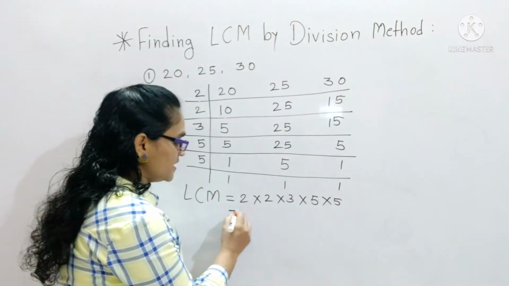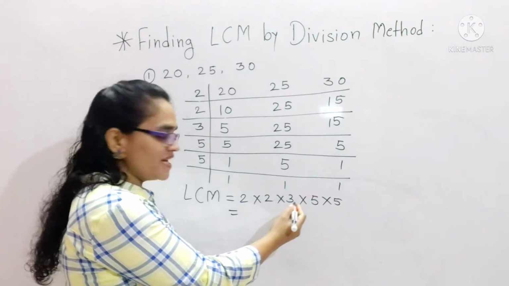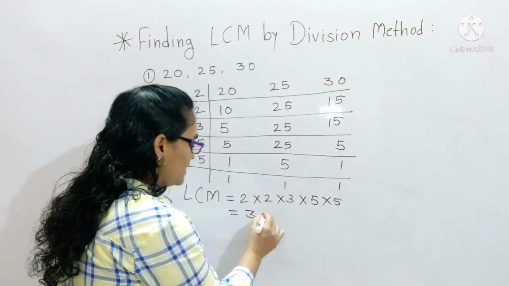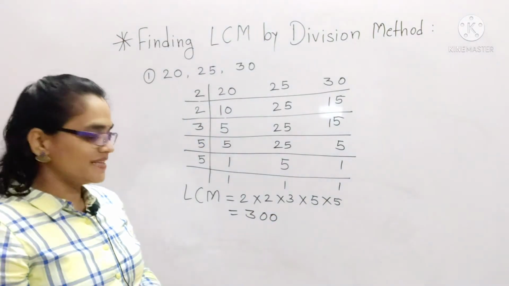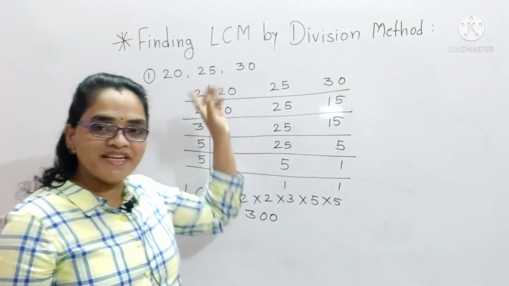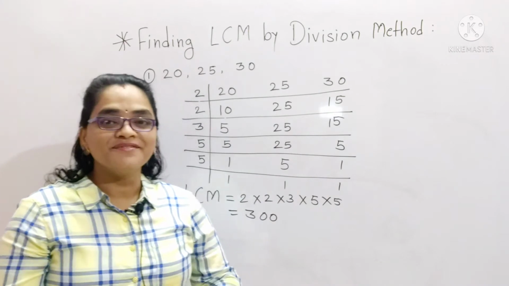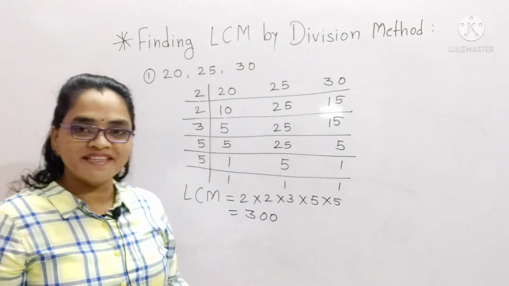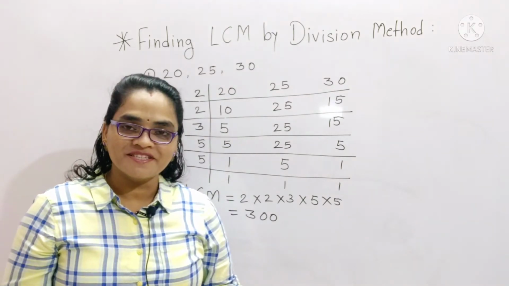Then find its product. 2 2s are 4, 4 3s are 12, 12 5s are 60, 60 5s are 300. 300 is the LCM of 20, 25 and 30. Which method are you feeling easy? You can follow that one, either division method or prime factorization method.